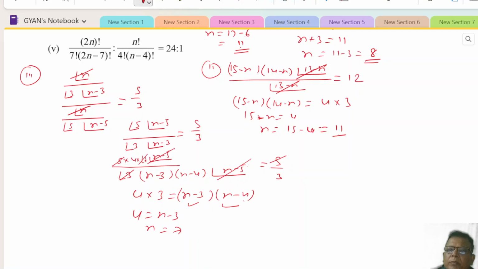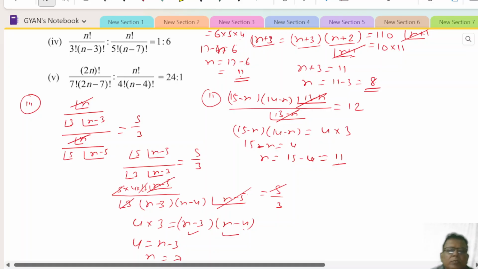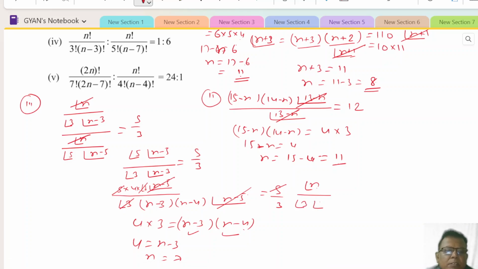Now question number 4, we will solve question number 4. What is question number 4? Question number 4 is n factorial divided by 3 factorial, (n minus 3) factorial, divided by n factorial, 5 factorial, (n minus 7) factorial is equal to 1 by 6.